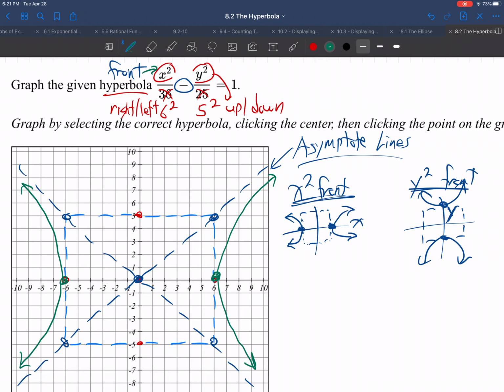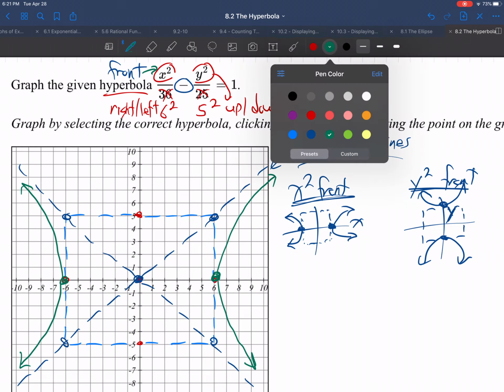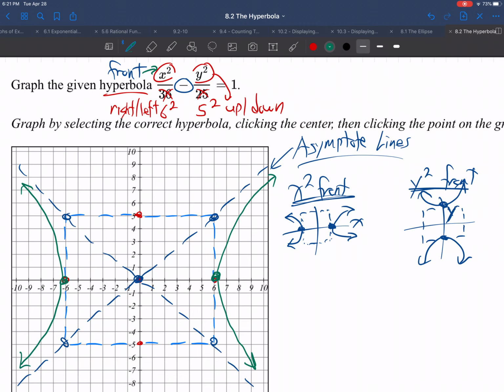So there's the graph. Now, when you go to actually do it on Math Excel, you have to click 2 points. On the homework system, we don't have Math Excel. We're using My Open Math. You have to click on the center, which will be the origin 0, 0, and then you click on the upper right-hand corner of the box, and it'll make the box and put the branches where they belong.